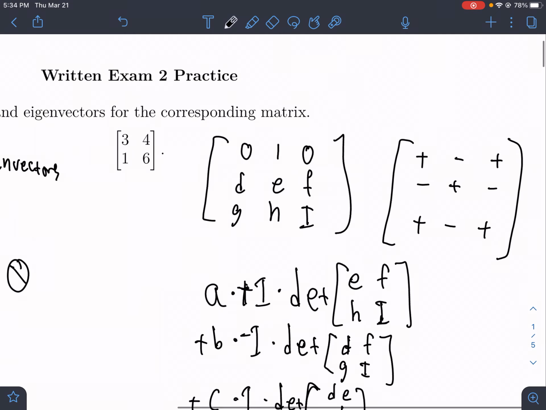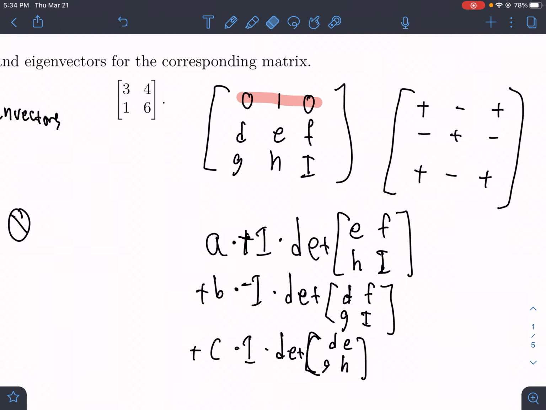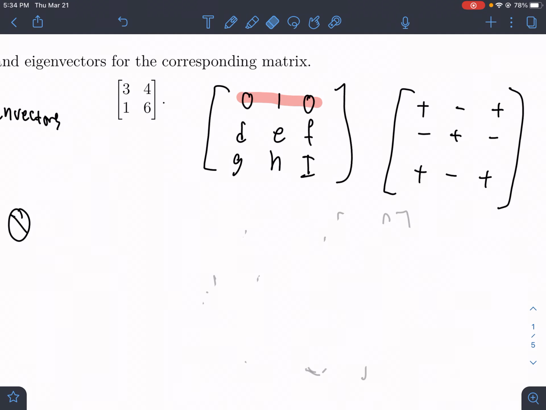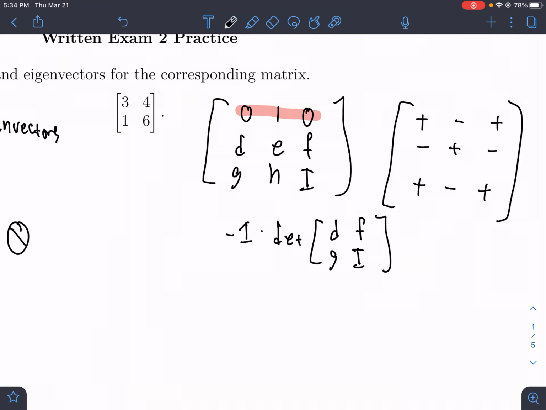If you expand by this row, suddenly our determinant becomes literally 1, negative 1 really, times the determinant of D, F, G, I. And that's the determinant of this entire matrix. It becomes very, very powerful when there are rows or columns that have mostly zeros in them.